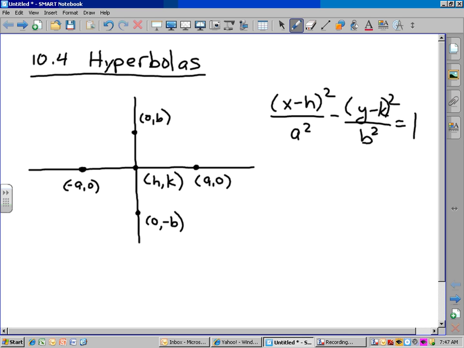Now, if we connect these up with lines that are parallel to the axes, we will form what's called the fundamental rectangle. So the a and the b form the fundamental rectangle.